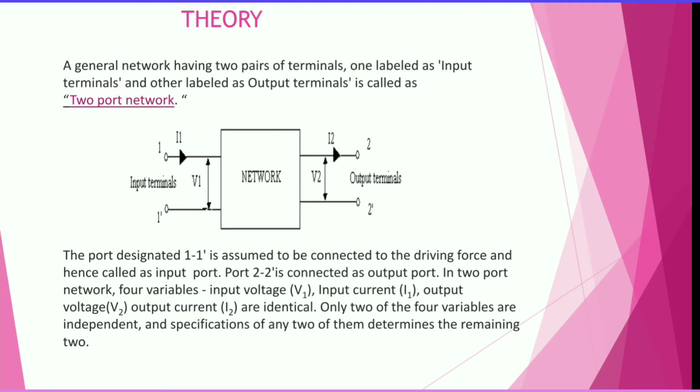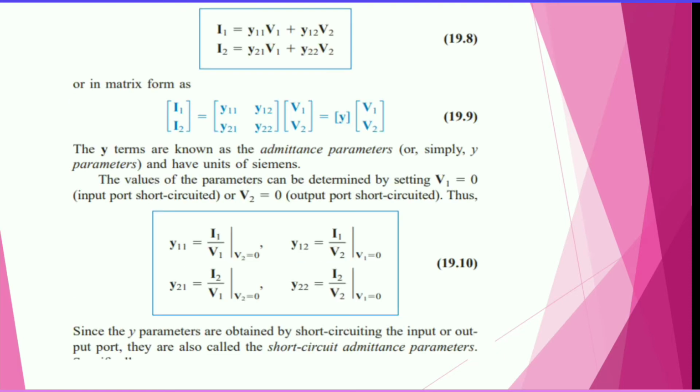In a two-port network, four variables: input voltage V1, input current I1, output voltage V2 and output current I2 are identified. Only two of the four variables are independent, and specification of any two of them determines the remaining two. I1 is equal to Y11 V1 plus Y12 V2.